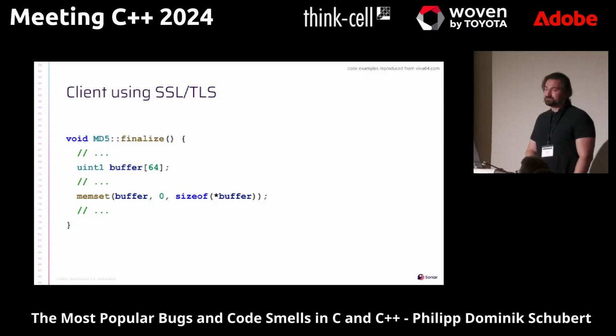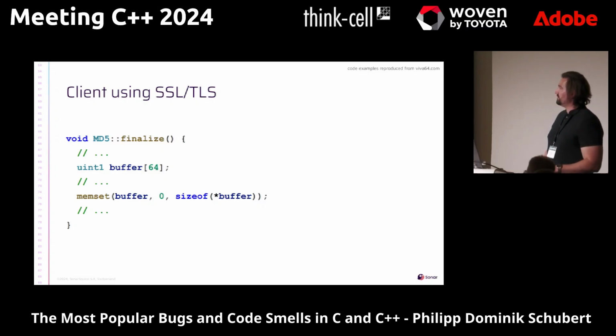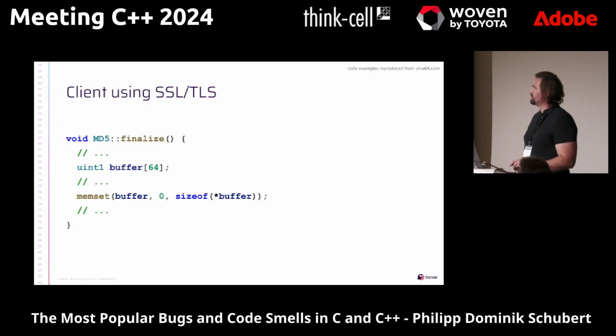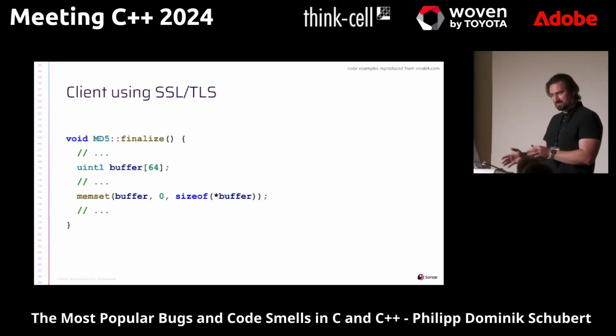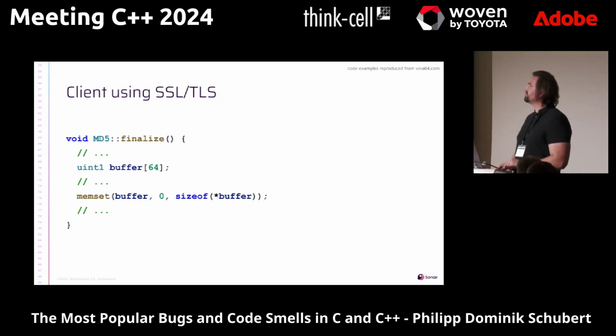More stuff. MD5, buffers, manual management of buffers. So 64 bytes, uint1, that is probably a byte or something, right? So a 64 byte buffer. Well, we do some security critical sensitive stuff, and at the end we want to zero it out, right? That's good style, good practice in cryptography.